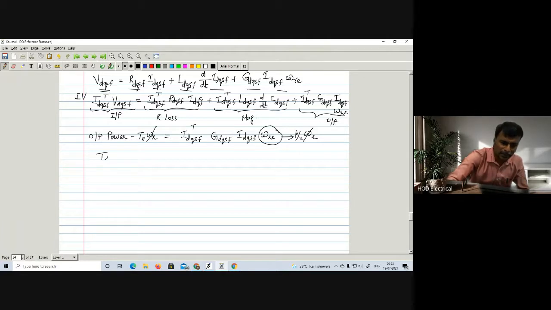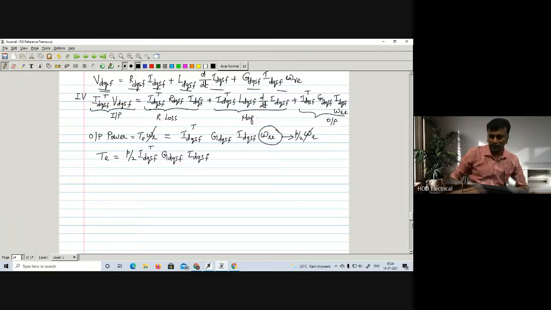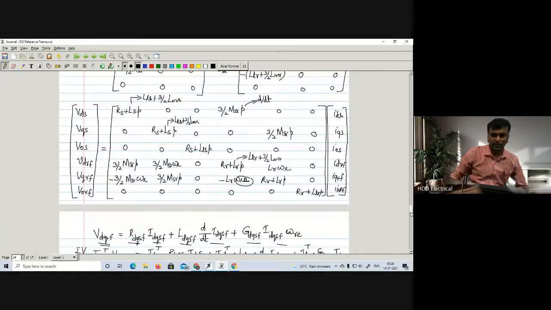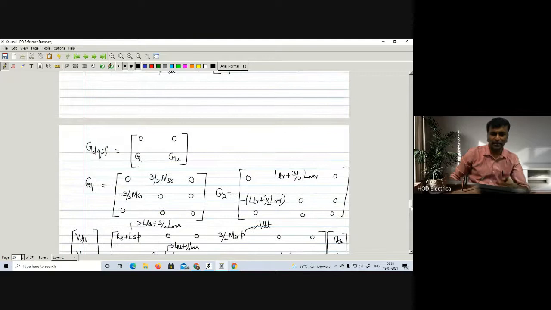So we can write torque as P by 2 times I_dqSF transpose times G_dqSF times I_dqSF.